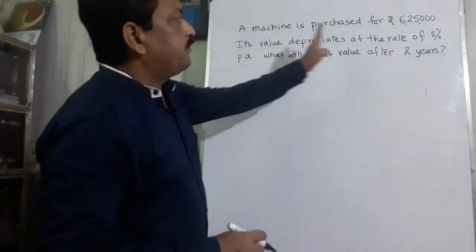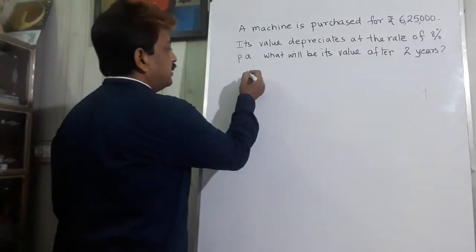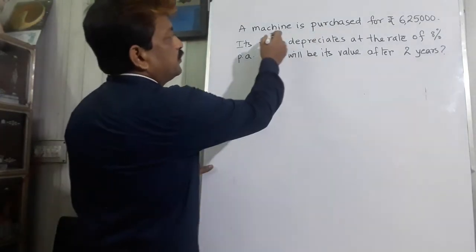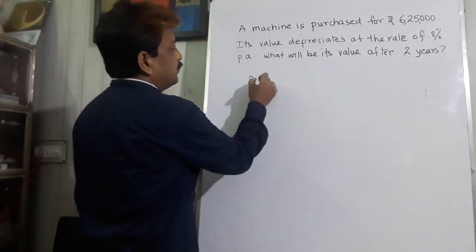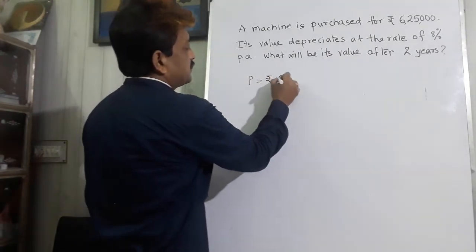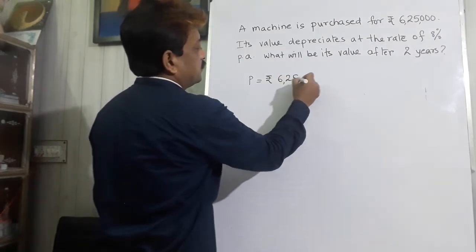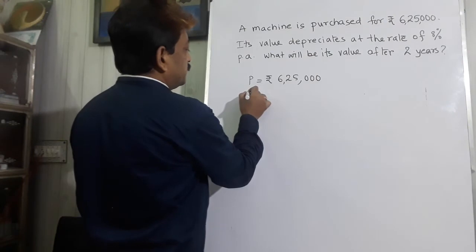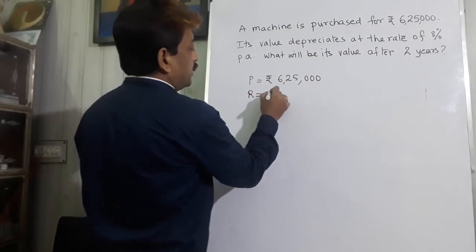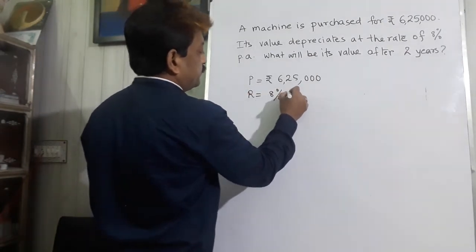So from this information we have to make a list. The machine is purchased for rupees 6,25,000. So principal amount is rupees 6,25,000. The rate of depreciation is 8% per annum.